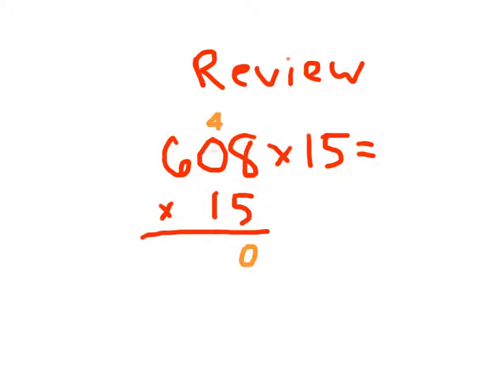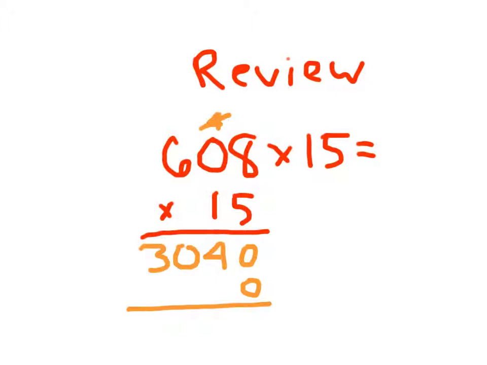It only goes one place over. 5 times 0 is 0, plus 4 is 4, and 5 times 6 is 30. I remember to cross out my regroups. I place a 0, and then I distribute this 1 to those different places. The reason I can place that 0 is because the 1 was worth 10.